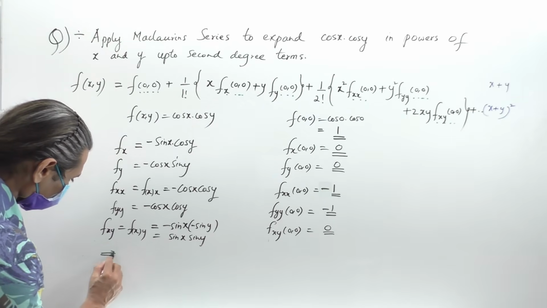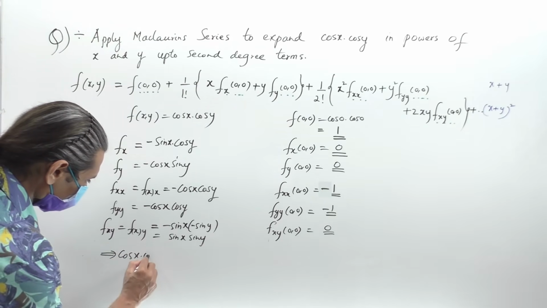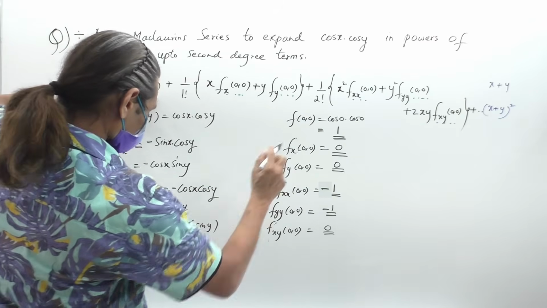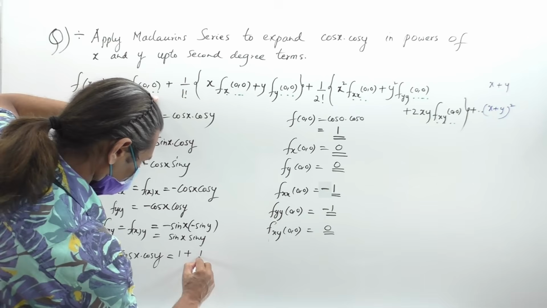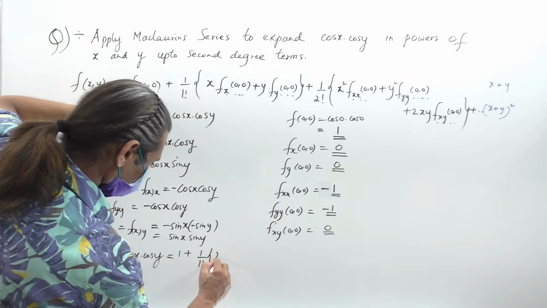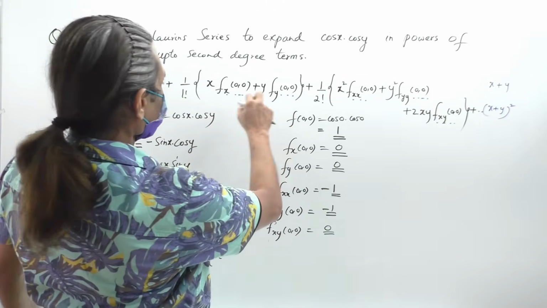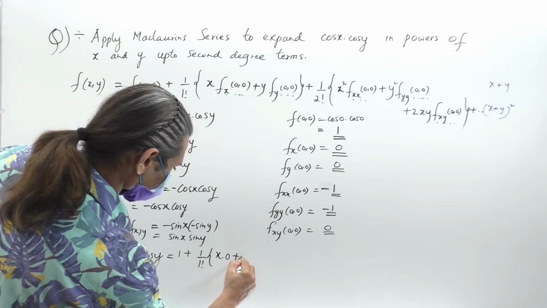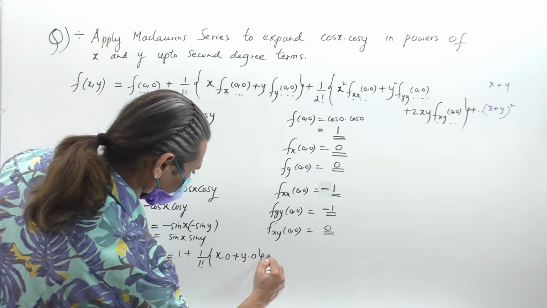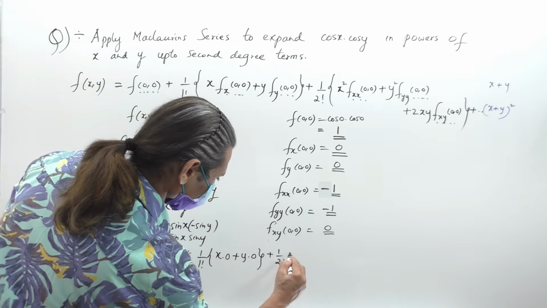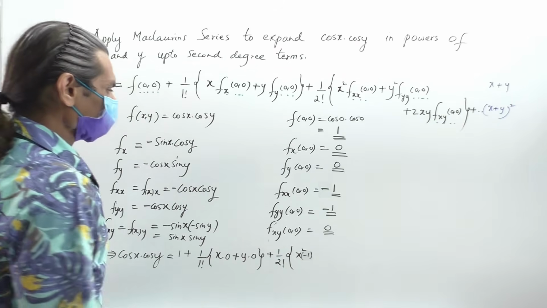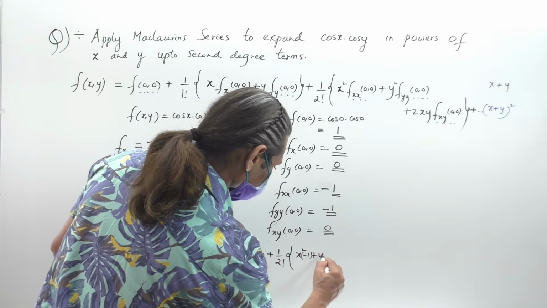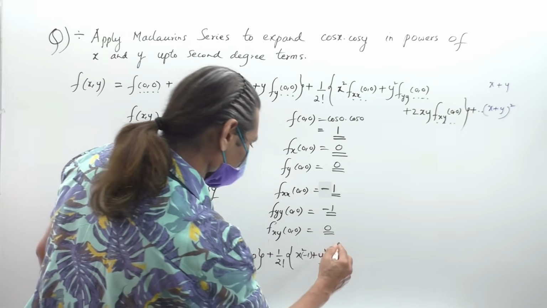Therefore cos x into cos y is equal to f at 0 comma 0 is 1, plus 1 by 1 factorial, x into what is fx, 0, plus y into 0, plus 1 by 2 factorial, x square into, we have f double x is 1, plus y square into, what is f double y?